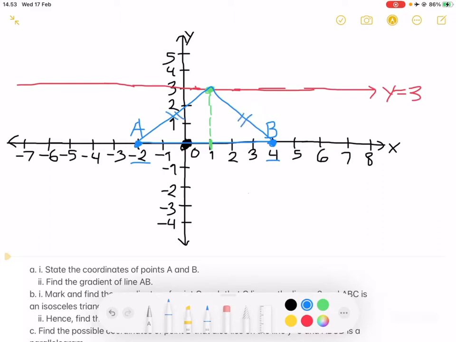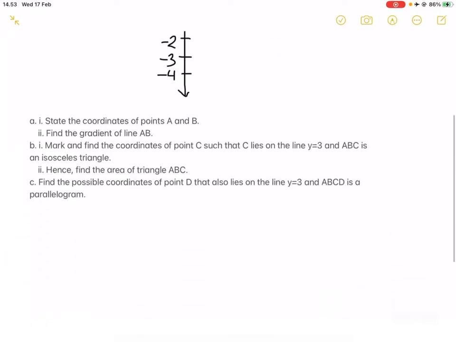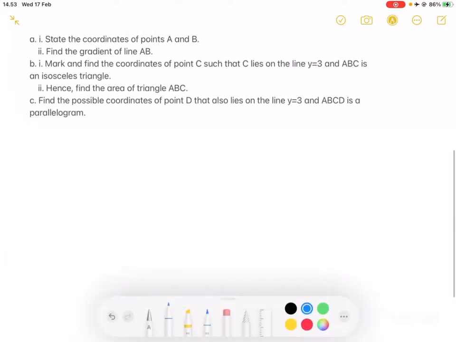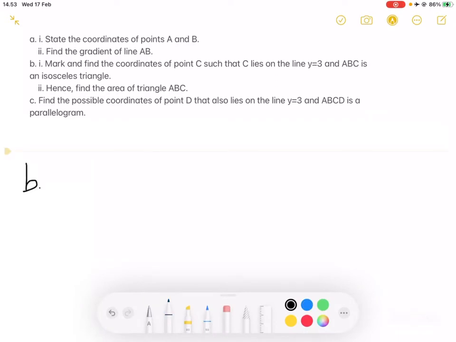So we have found our C coordinate, which is the x coordinate is 1 in this case, and then our y coordinate is obviously 3. So let's just write our answer. First part of B is C at 1, 3.